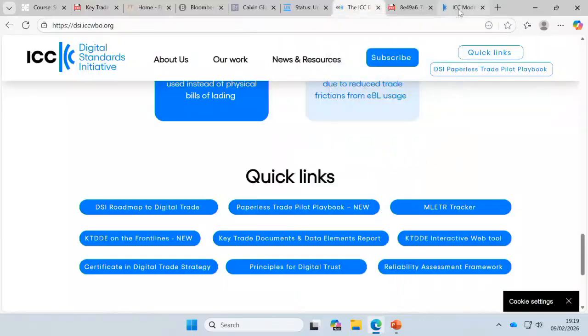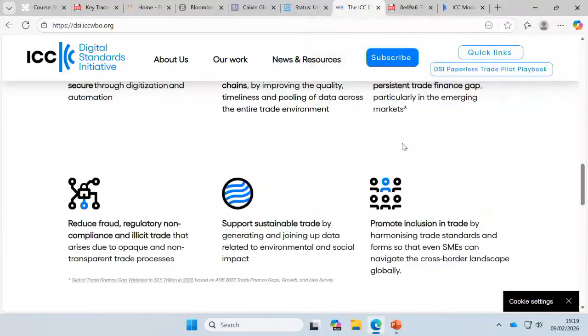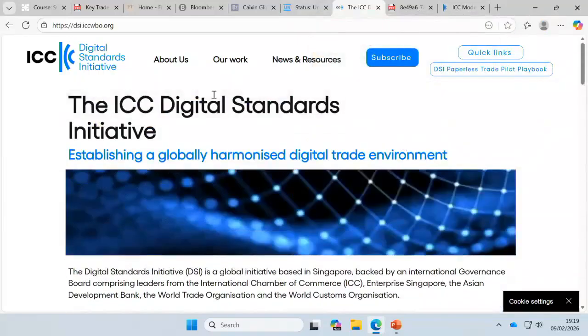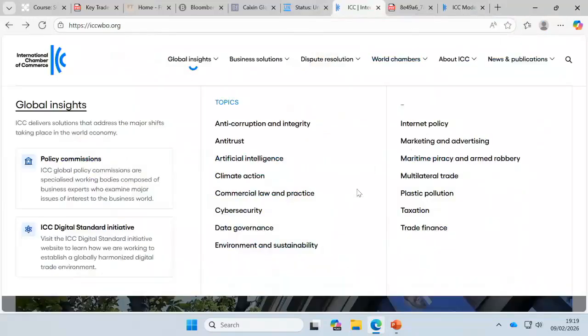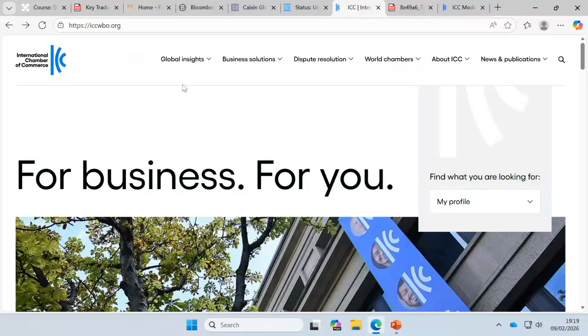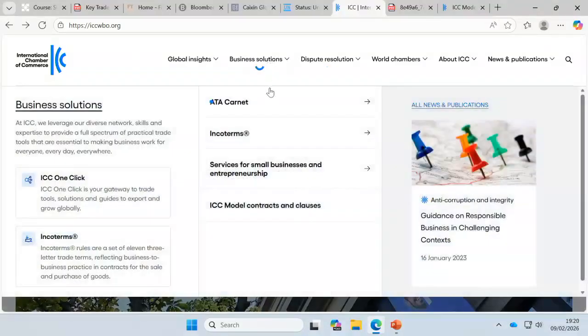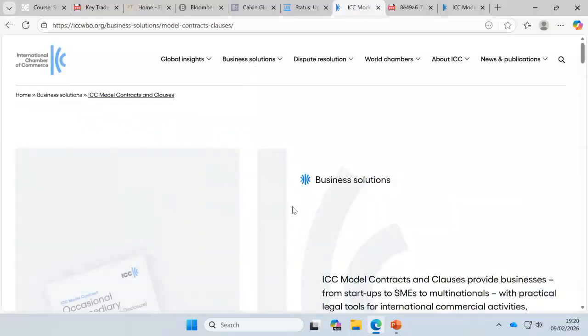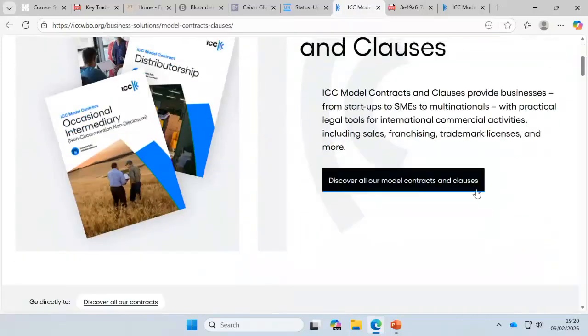So this is the ICC Digital Standards Initiative. But let's go back to the ICC website. If we look under Business Solutions, we'll see Incoterms later, but I want to pull up ICC model contracts and clauses.